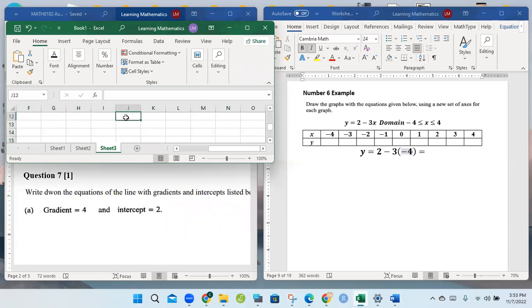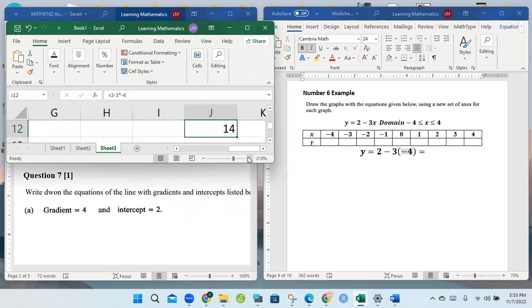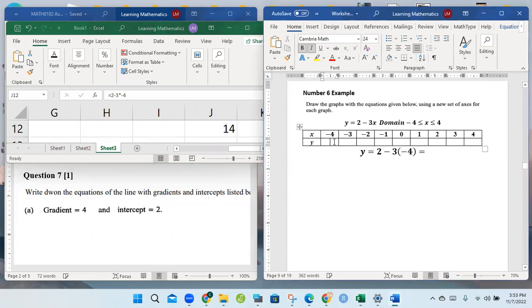So the first y would be equal to 2 subtract 3 times -4. All right, here it is. 2 subtract 3 times -4, and we get 14. We get 14 for our first y value. So we put 14 right here.